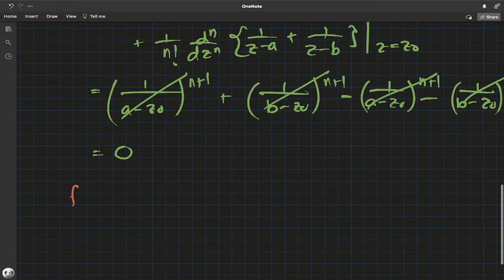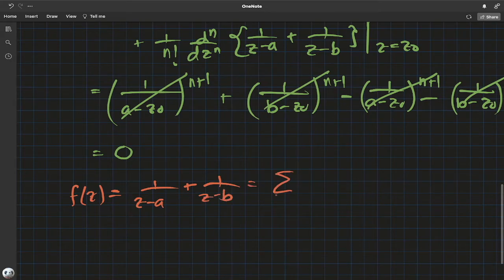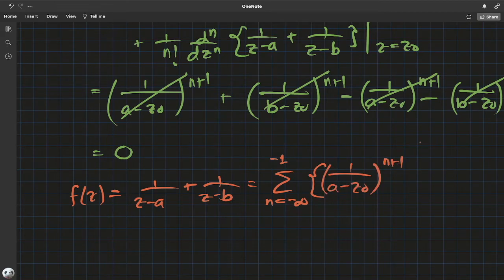Okay, let me just expand f of z like we did in the past for this specific case where we enclose all singularities. So negative infinity to negative 1, we have b minus z naught to the n plus first.